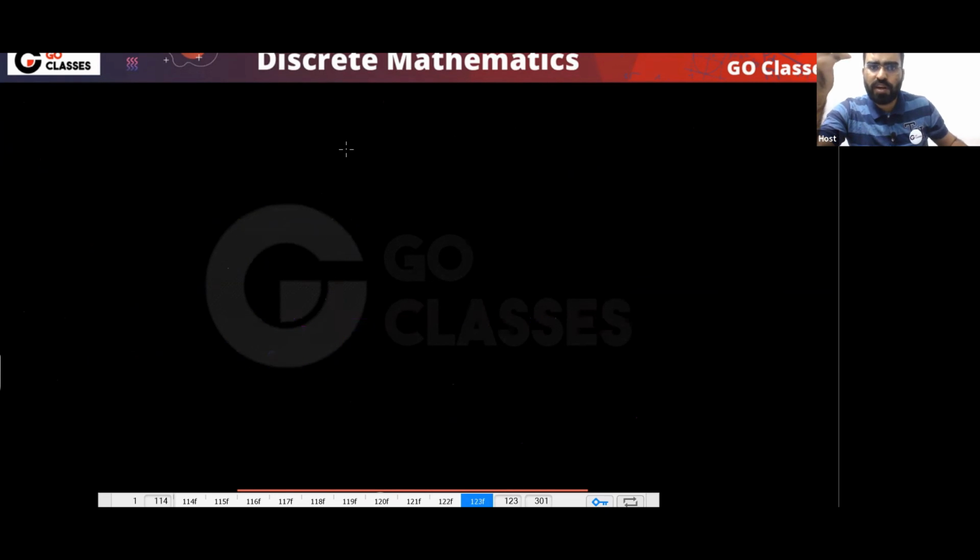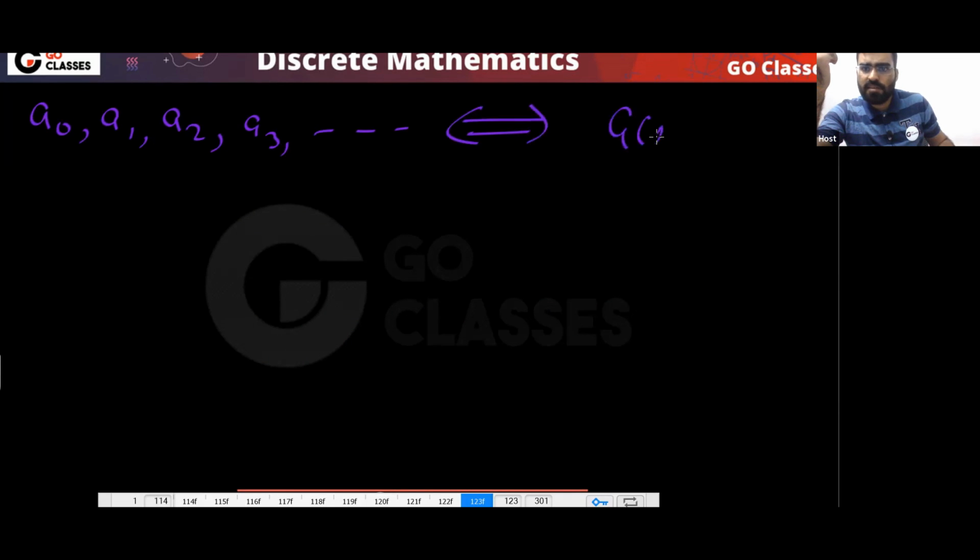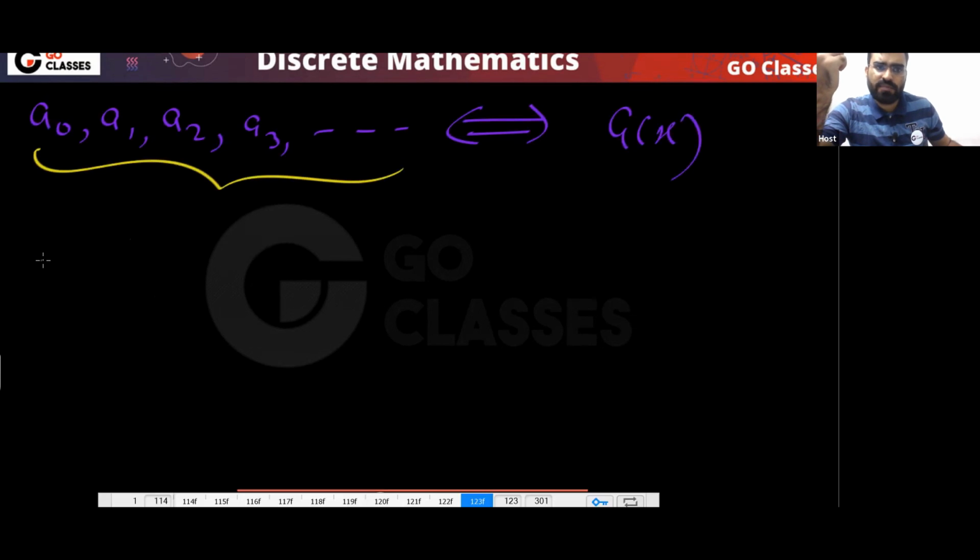If you have a generative function g for the sequence a0, a1, a2, a3, and so on, then you can find the generative function for the sequence a1, 2a2, 3a3, 4a4, and so on.